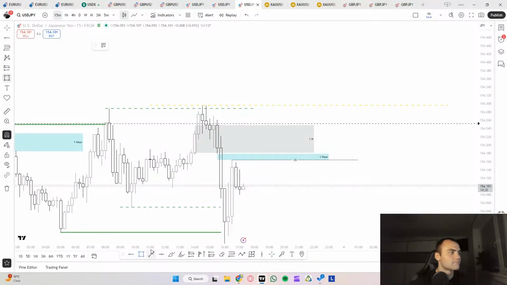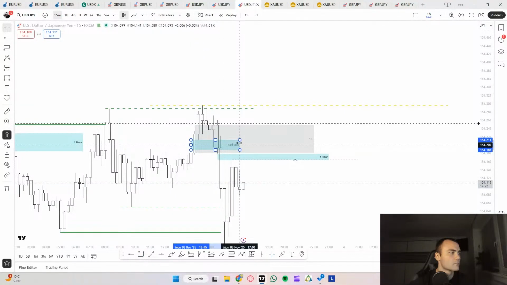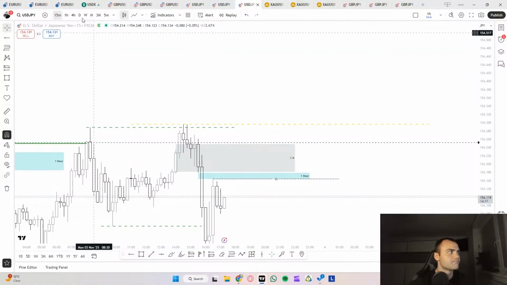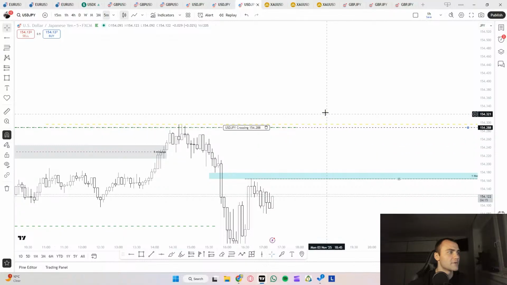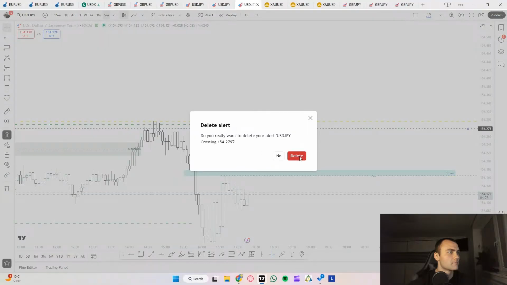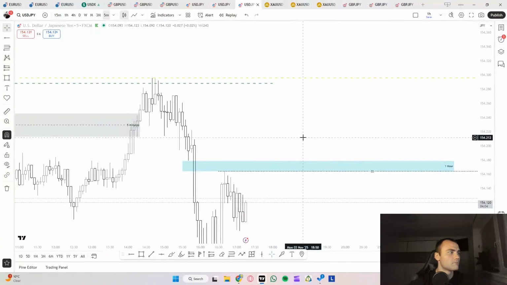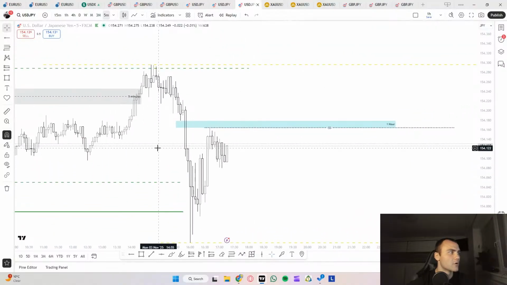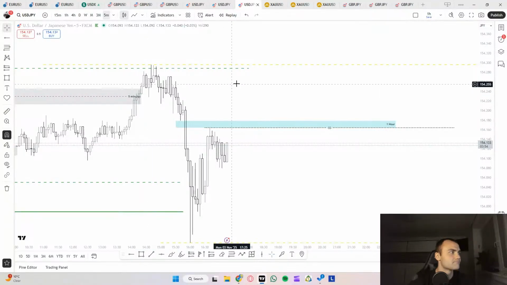Then we got this inverted imbalance, right. This order block here, lower on 5 minutes. Not clear. Lower on 5 minutes is probably making a little bit more sense.